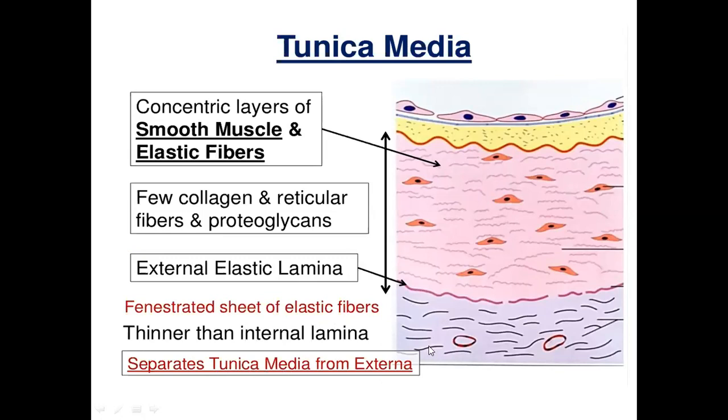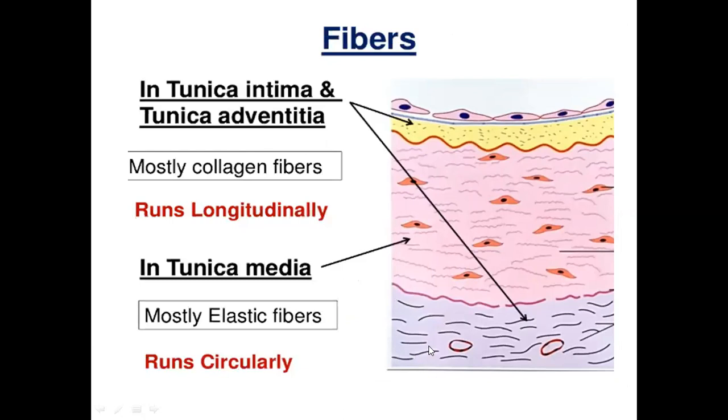So moving towards the last layer on this schematic diagram, tunica adventitia. This is basically a description I have found from the net. They are discussing the connective tissue component which is present in tunica adventitia.